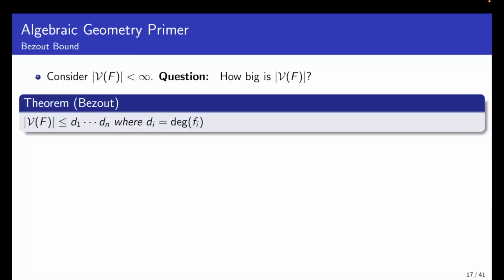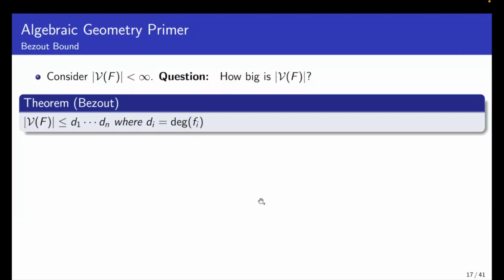So take a generic quadratic polynomial where you fix the monomial support to be 1, x, y, x squared, y squared, xy, and draw random coefficients, say from a normal 0, 1 distribution, or pretty much any continuous distribution. Then with probability 1, you get exactly the Bezout bound many solutions.